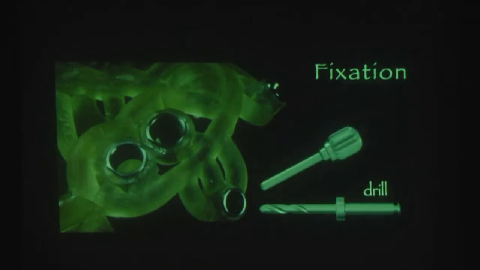These are the fixation pins. We have two options to make fixation in our kit. The first one is with the pin. We have 1, 2, and 3 over the other side. We have 3 sleeves, and we have 3 pins to make fixation. And first we drill with 300 RPM with irrigation.